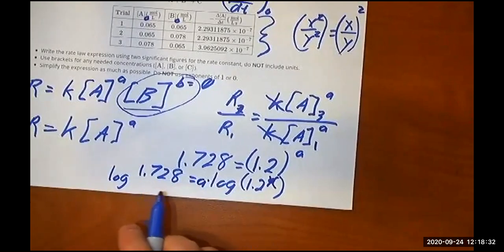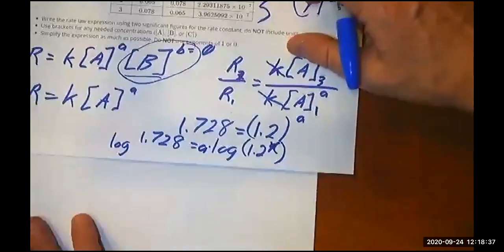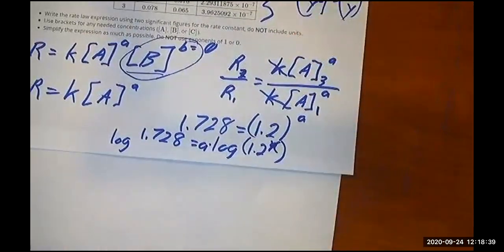Now we take the two numbers. 1.728, and I will take the log base 10 of that.